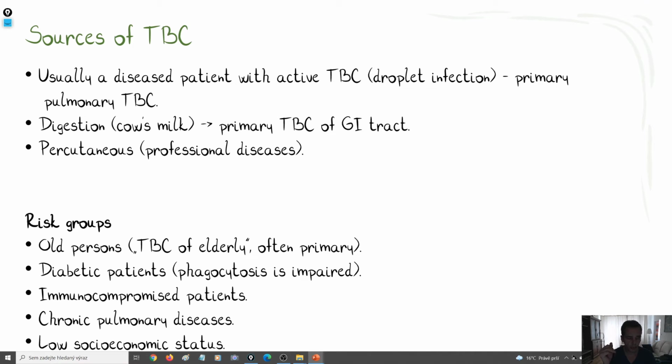Patients with other chronic pulmonary diseases are a risk group for TBC infection, because the primary pulmonary disease serves as some sort of locus minoris resistentiae for TBC. Patients with low socioeconomic status are also at risk of TBC infection for multiple reasons. So in fact, any compromised patient is a risk patient for TBC.